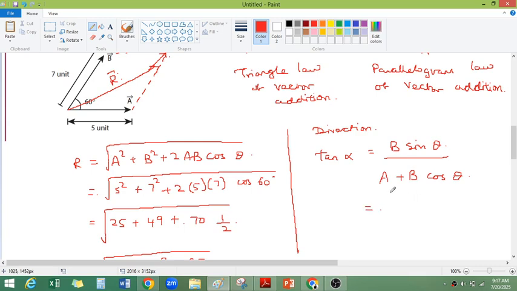B sin theta is b is 7, sin 60, divided by a is 5, plus b cos theta, 7 cos 60. Simplify this.